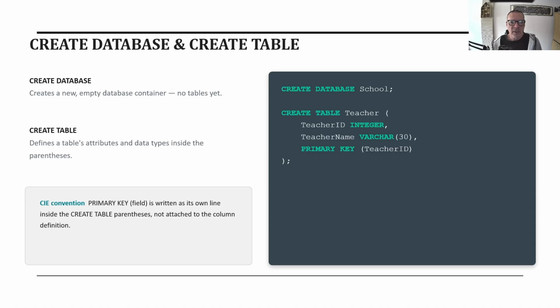We also put in there primary key. This is a CIE approach. There are different ways of writing this, but we've written down a separate line with primary key, brackets, and then the attribute or field that is the primary key, in this case teacher ID. And we put those sort of things in brackets, and we end SQL statements with a semicolon.